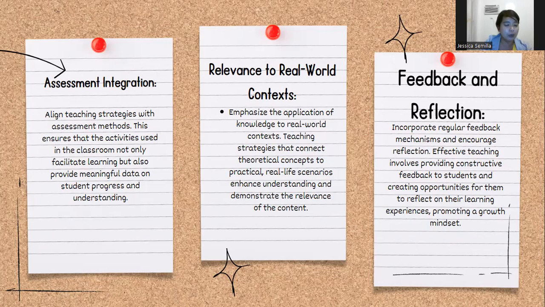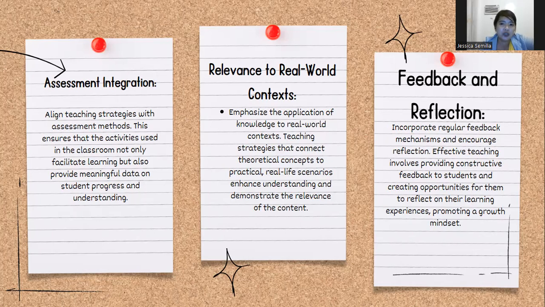If there is no application to the real world, our learners would see the topics that you have presented as irrelevant to the era that they live in. So you apply what they have learned from theoretical concepts to real life scenarios, which helps them enhance understanding and demonstrates the relevance of the content.